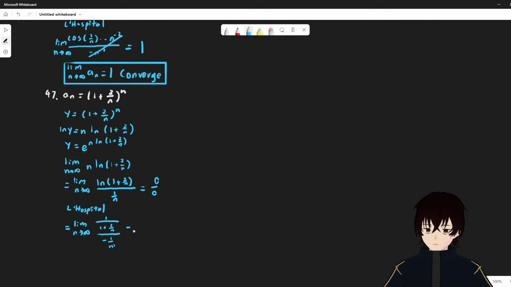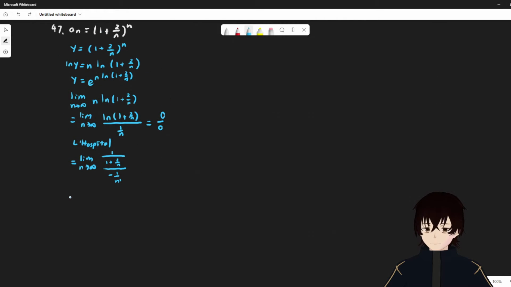Which is equal to the limit as n approaches infinity of negative n squared over 1 plus 2 over n.